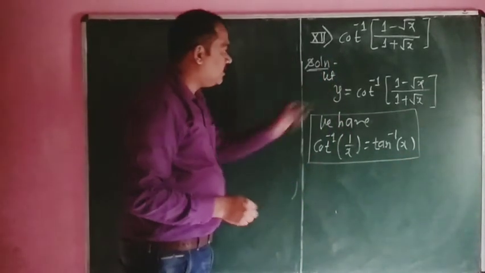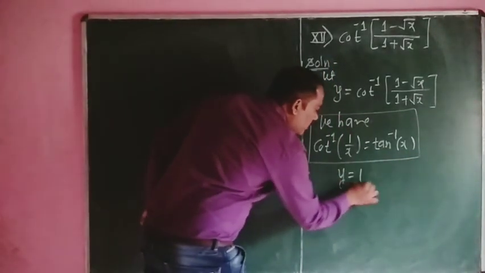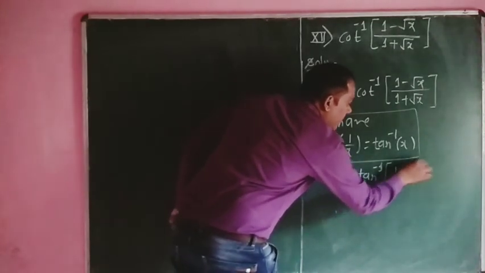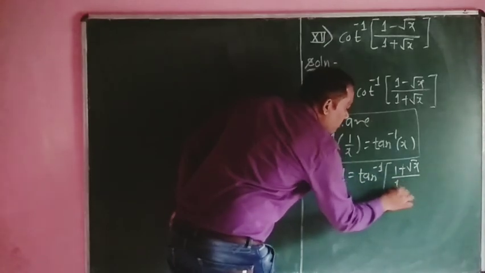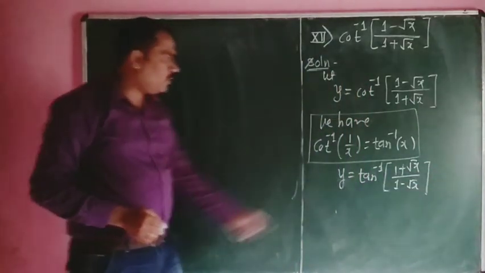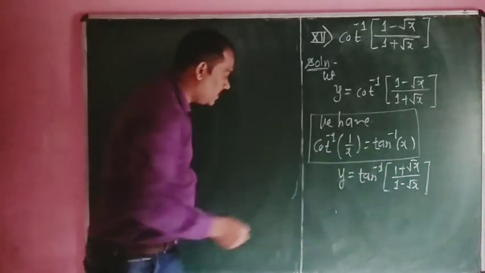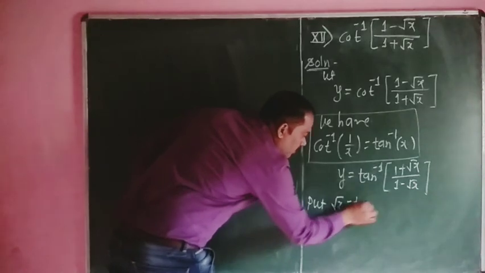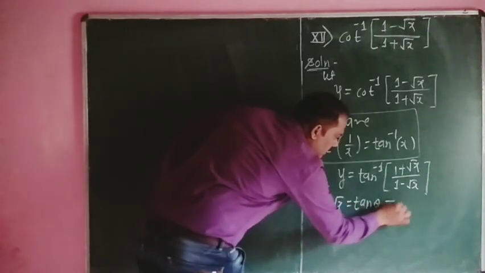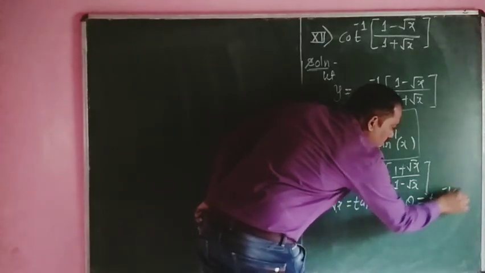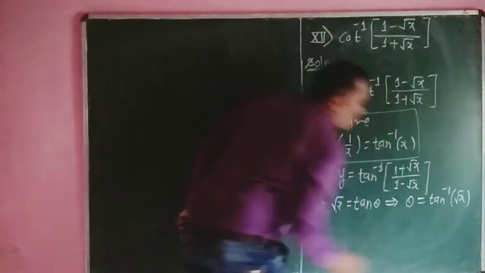By using that, we get y is equal to tan inverse of 1 plus root x divided by 1 minus root x. Now for root x, we put tan theta. Put root x is equal to tan of theta. This implies that theta is equal to tan inverse of root x.